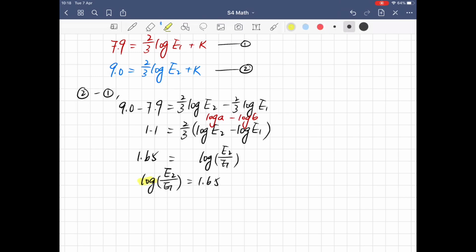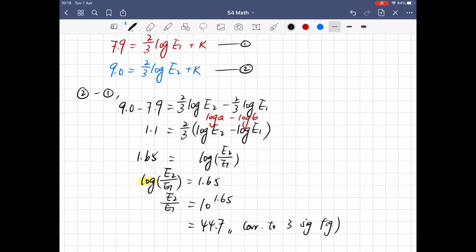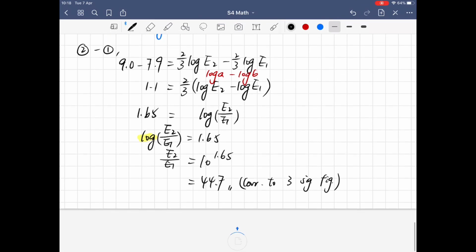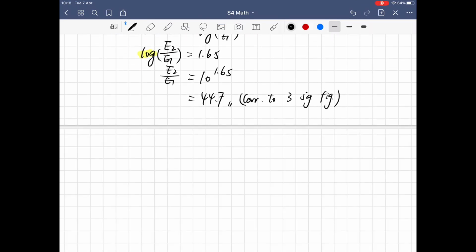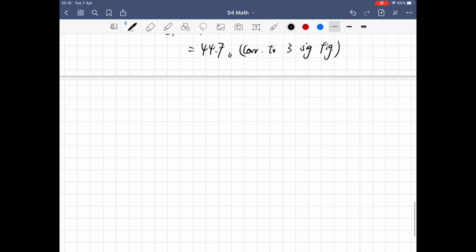And finally, we have to convert the log by the base 10. And finally, using our calculator, we can calculate the answer, 44.7, which is correct to 3 significant figures. And we have to make a conclusion.